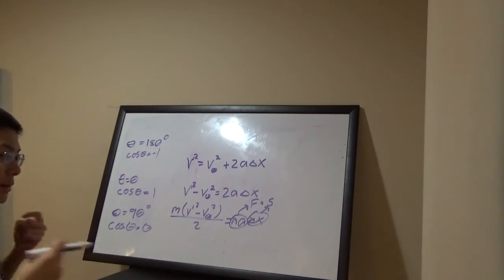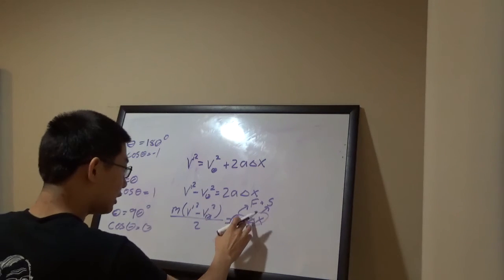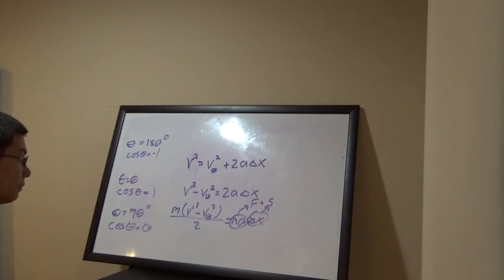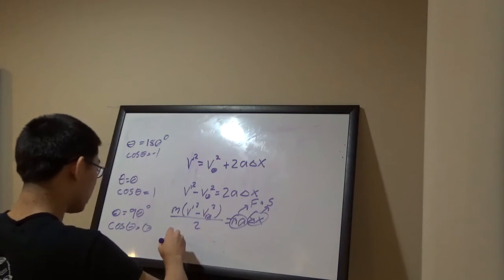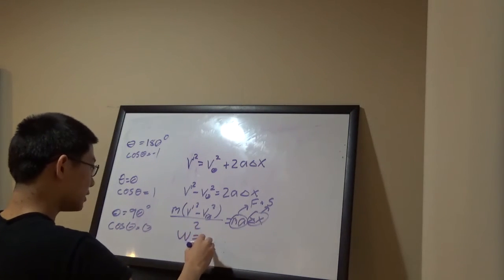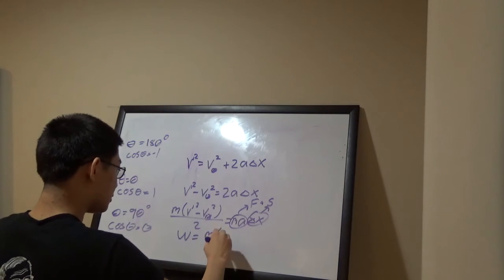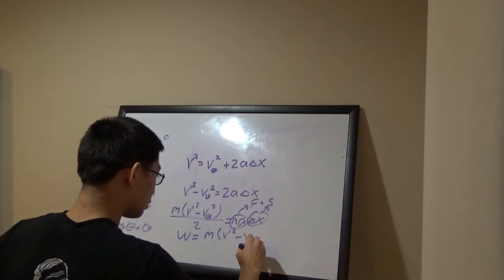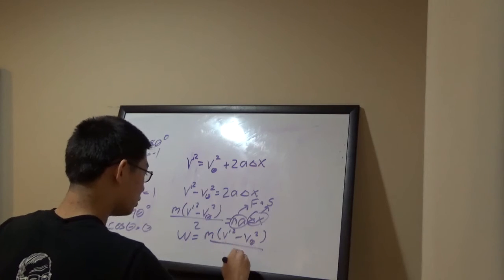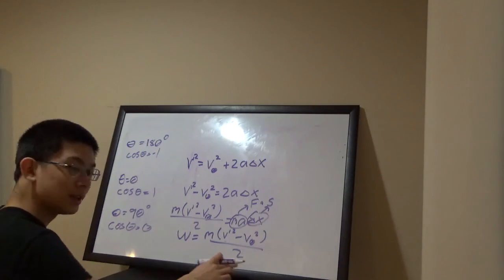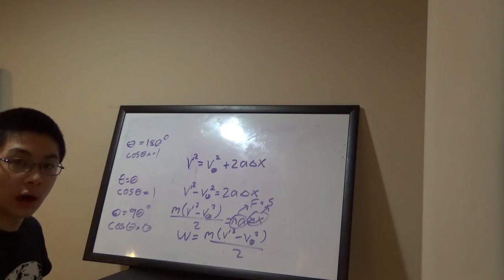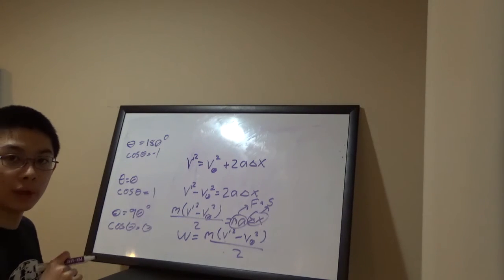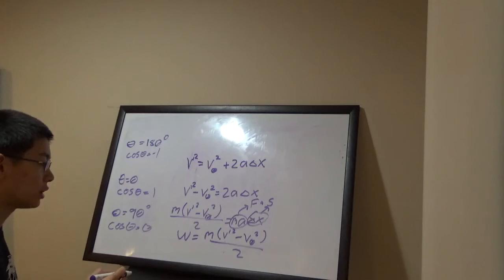Our work is force times displacement, assuming that our force and displacement are in the same direction. So what do we get from there? This work is equal to m times (v prime squared minus v naught squared) divided by 2. Now, with energy of motion, we consider how much energy it had in its final position compared to its initial.